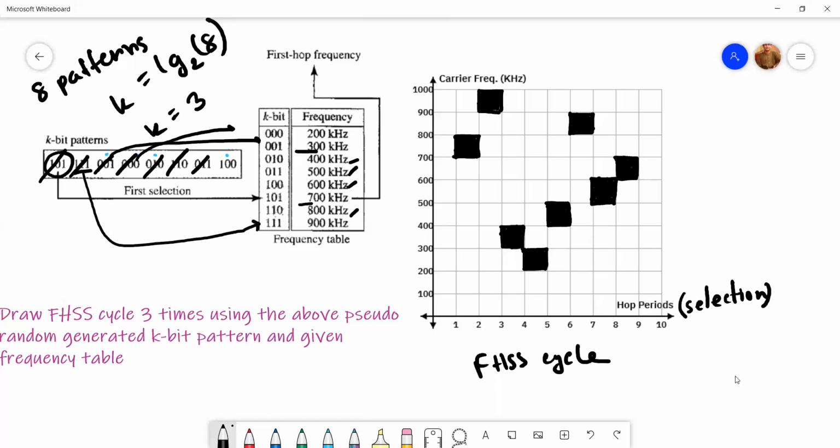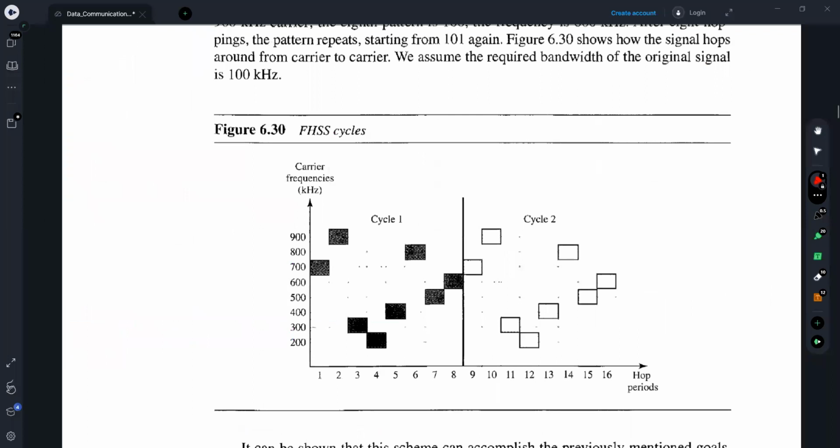So we have drawn all those signals. We have plotted all those signals in the frequency FHSS cycle graph. Basically our graph will be looking like this, and if we match the graph with the book's graph, you can see we have done the same thing.